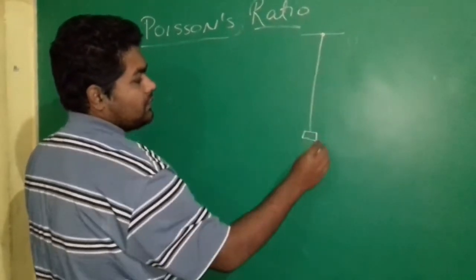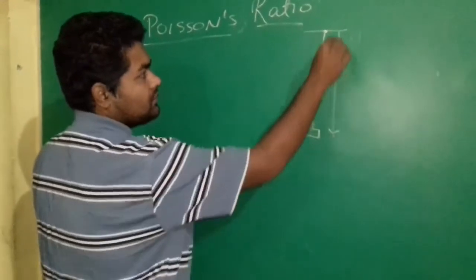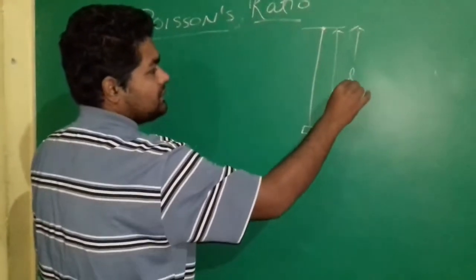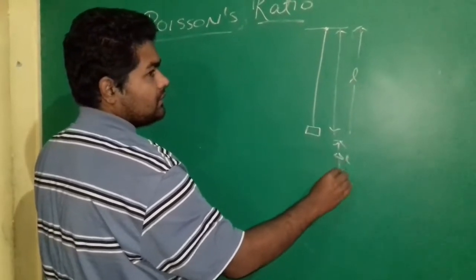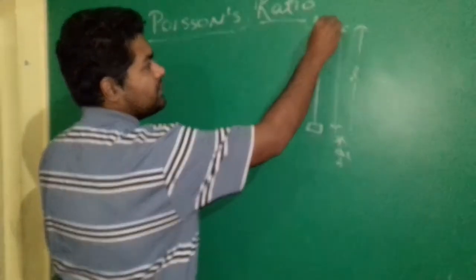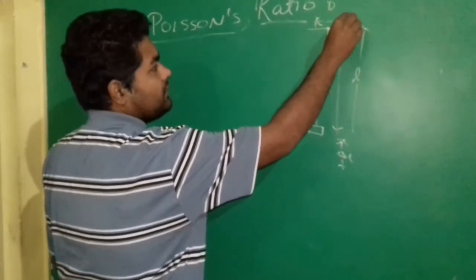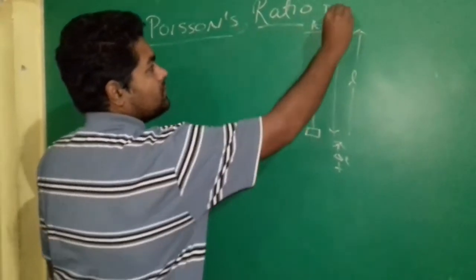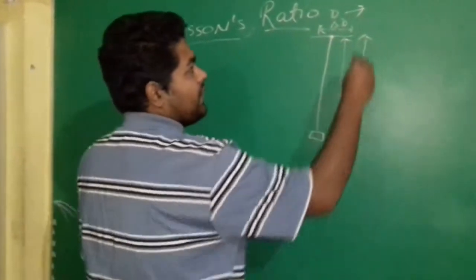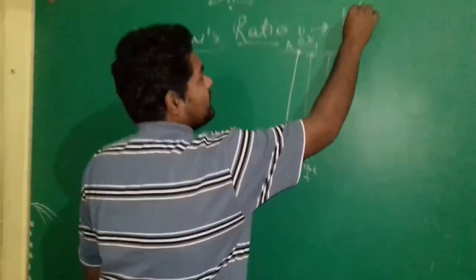So the wire will elongate. Its initial length is L and it will increase through delta L, and the diameter will initially be D and it will decrease to D minus delta D. So the variation of the diameter will be considered as lateral strain.